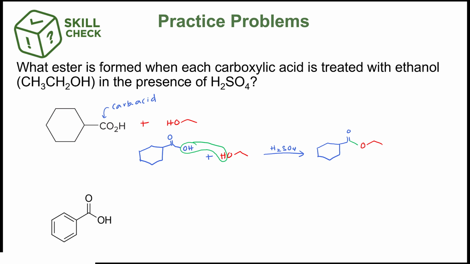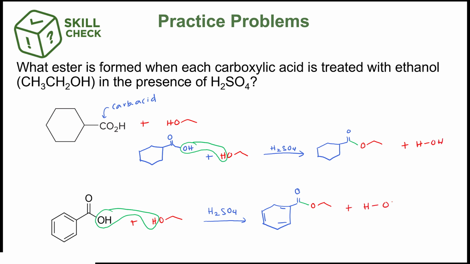Now we can do the same reaction with benzoic acid. So look for your water, OH and then H here. All right, and in both cases, if you want to draw out your water that is the side product, you can do that, but you don't have to.